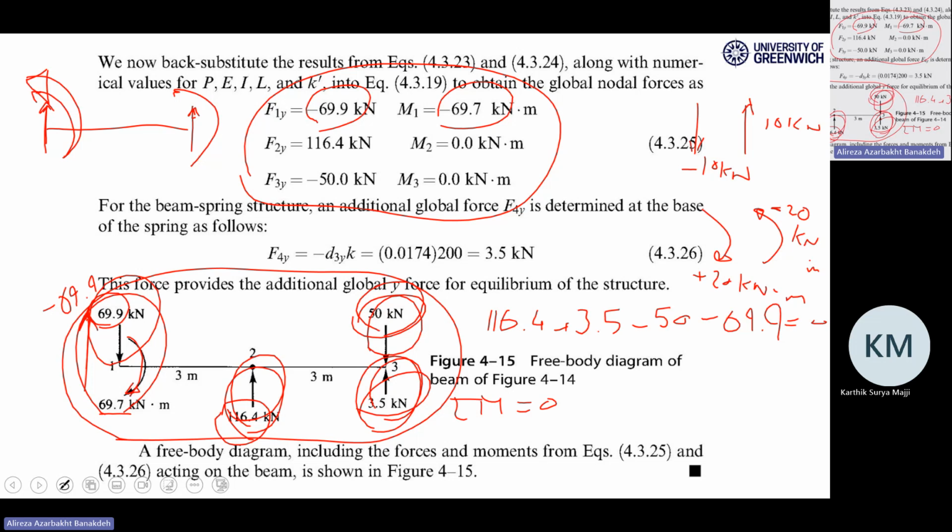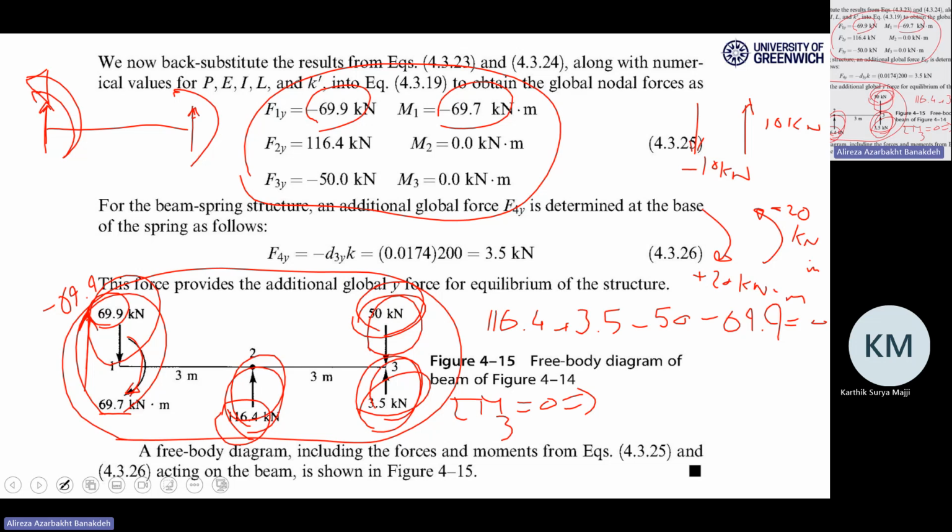But usually I prefer to write this equation for the point that more normal forces are crossing, because the more normal forces cross a point, the simpler it is to write down, because those don't contribute to the equation, because their distances are 0. So I write it for point number 3 because 2 of the forces are crossing point number 3. They will be out of the game.